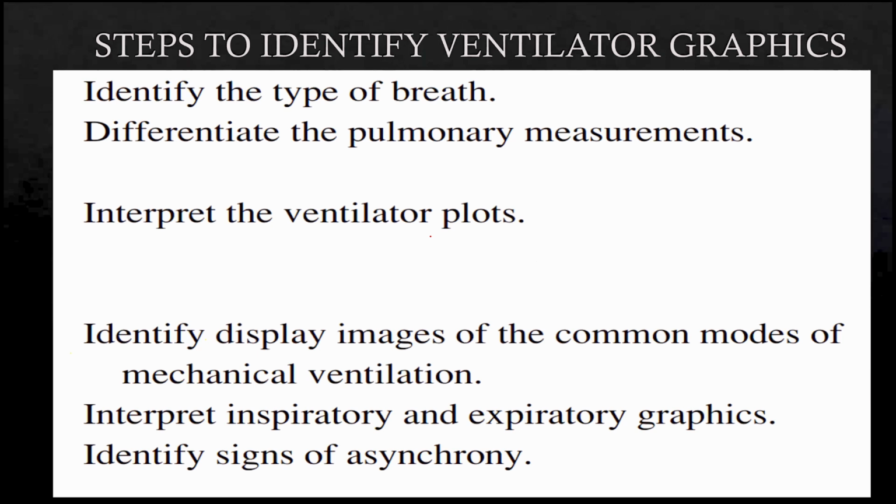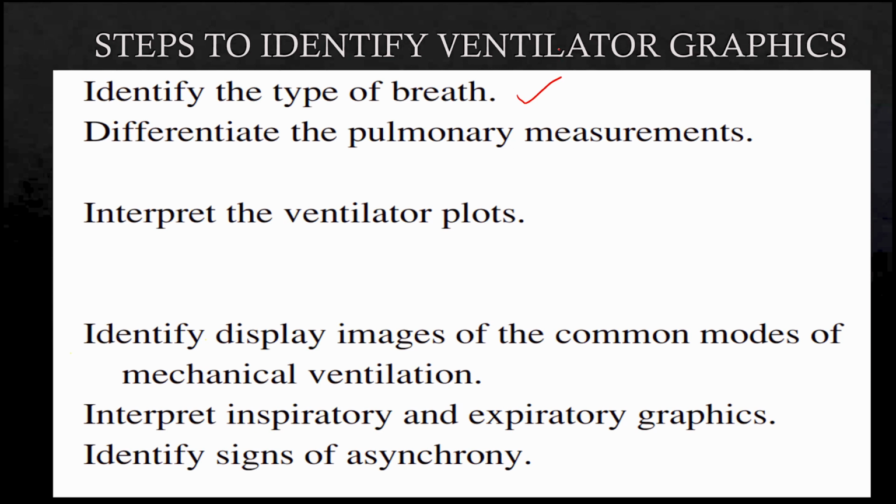Now, for the steps to identify ventilator graphics, there are 5 or 6 steps that are described. I will not go into the detail of this because it's not the focus of the talk. But what I want you to understand is that with interpretation of ventilator graphics, it is important to identify certain basic things, like the type of breathing, which could be controlled, assist control, or a spontaneous mode.